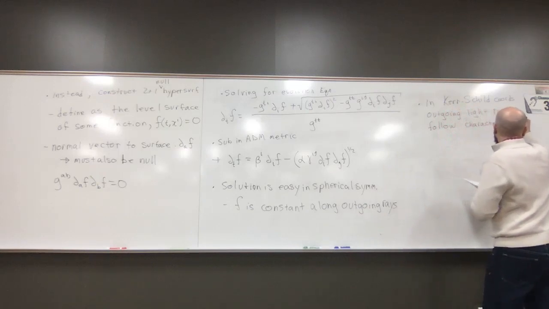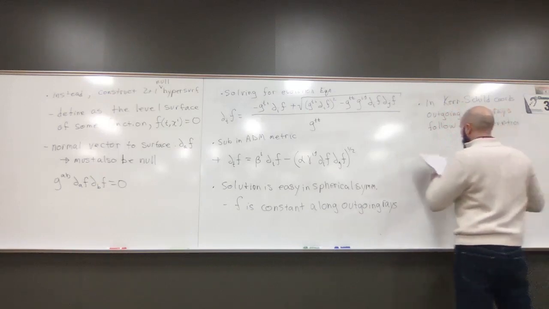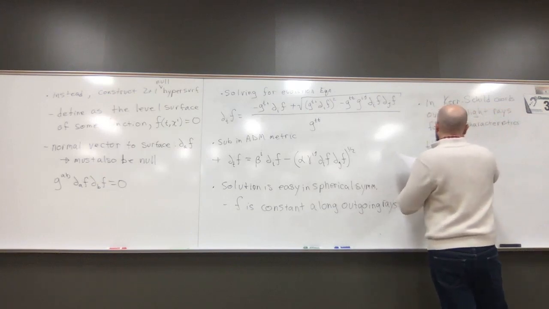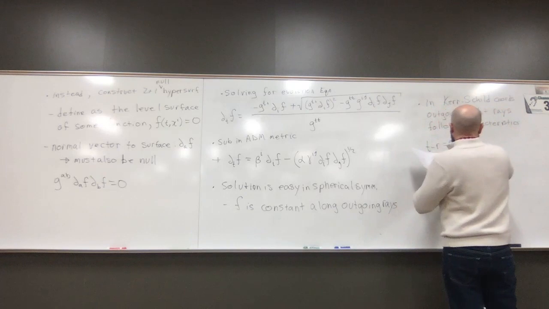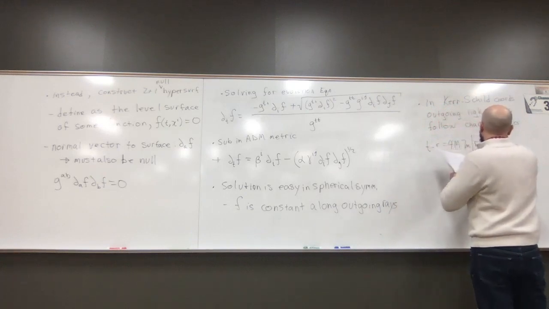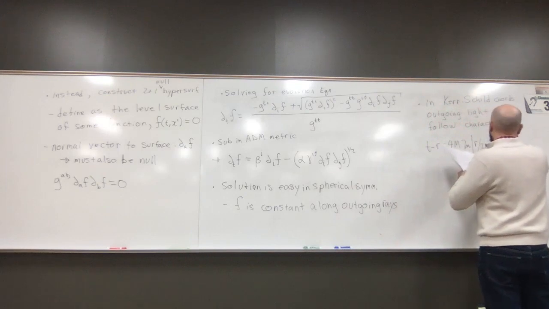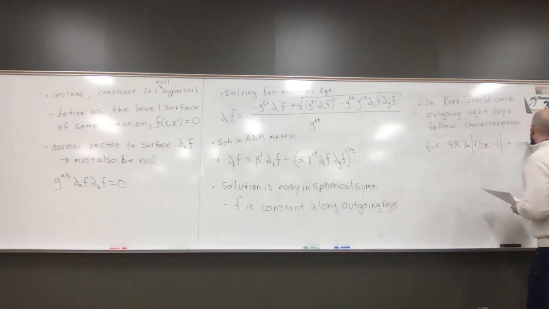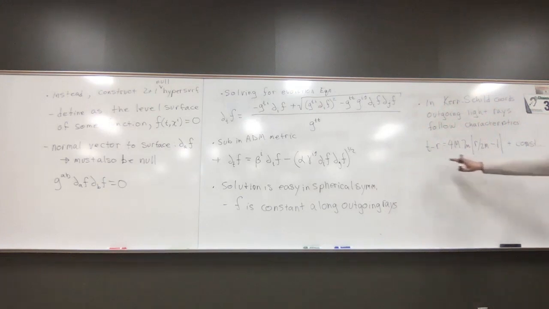So we'll use that. And that is the following. t minus r is equal to 4 times m natural log of the absolute value of r over 2m minus 1, absolute value, plus some constant of integration. Like that. Okay? Now, using that, so outgoing light rays must obey this.